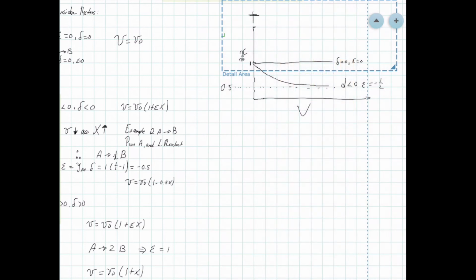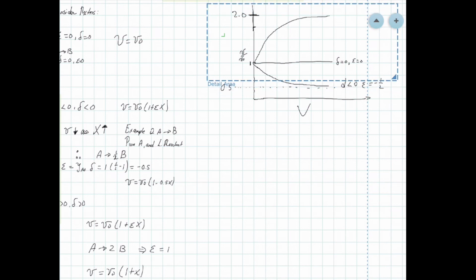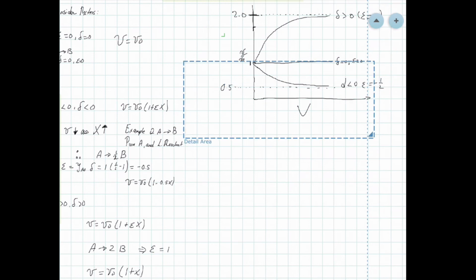I know that this number should be larger than the one at the bottom, so I'm just making sure of that. And the limit for this curve will be this. So when delta is larger than 0, in this particular case, epsilon equals 1.